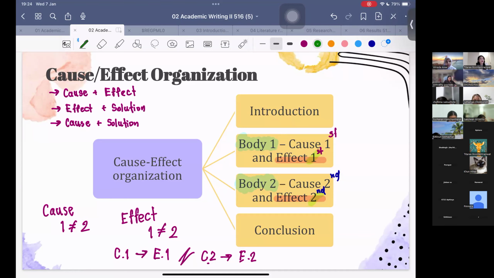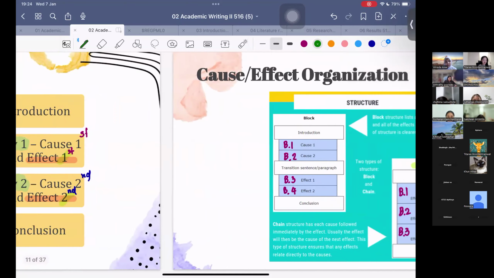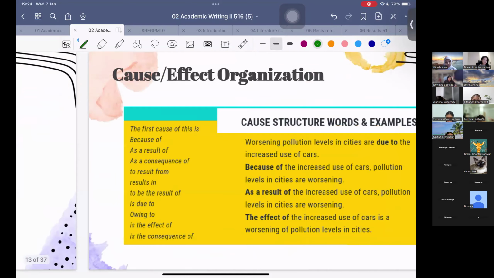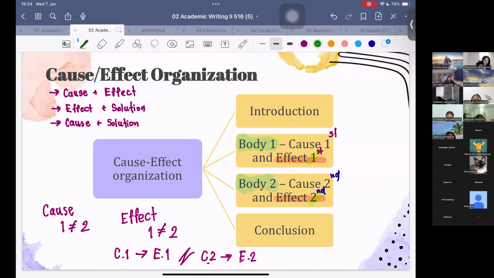So how to do that? Let's say I take this one for cause and effects, or it can be cause and solution or effects and solution, but I take cause and effects as the example.